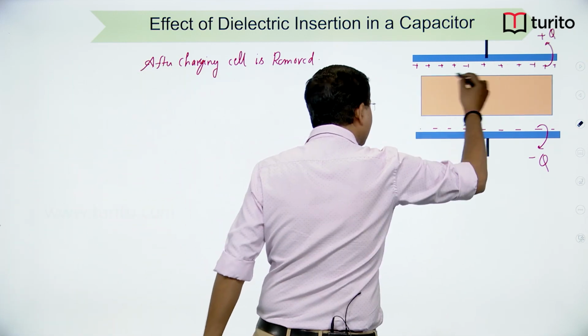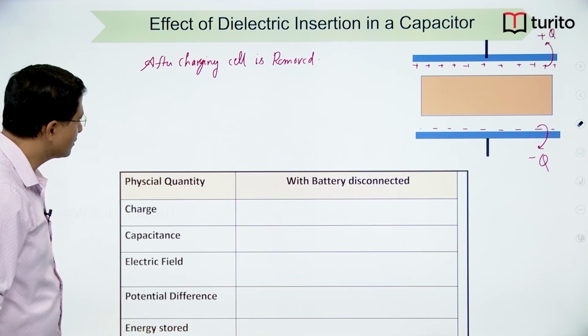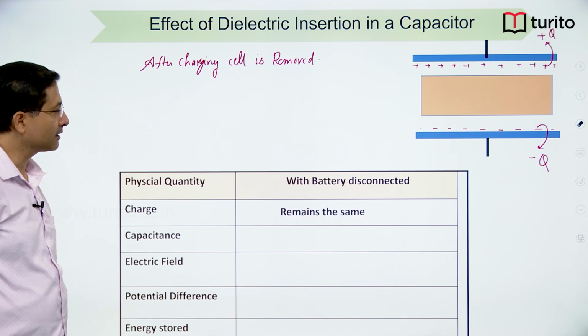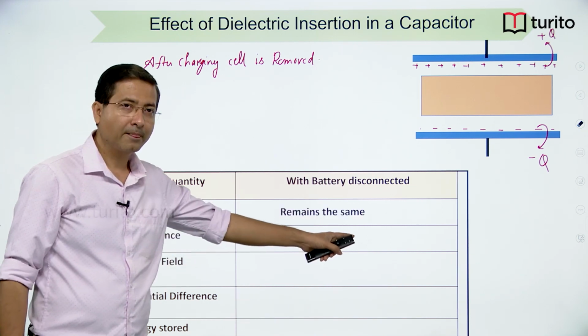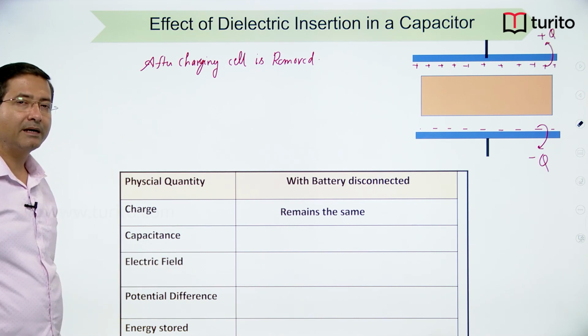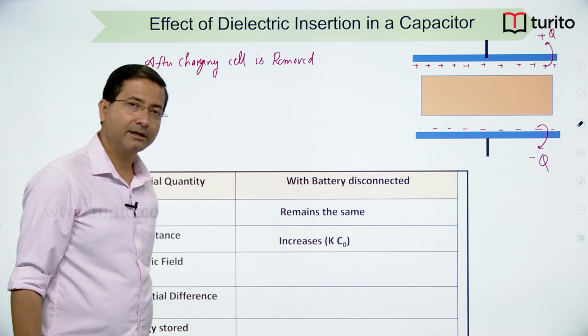Then the charge will remain the same because there is no source which can deliver charge. So the charge is not going to change when we insert the dielectric. What happens to the capacitance? Just now we have seen that the capacitance will become K times. So the capacitance increases and it becomes K times.